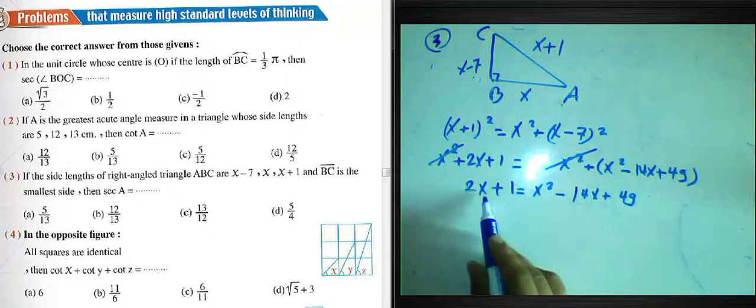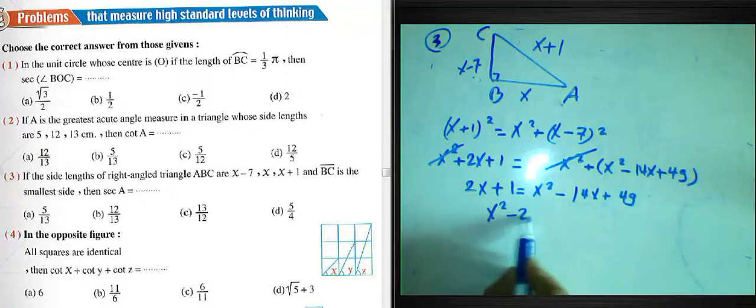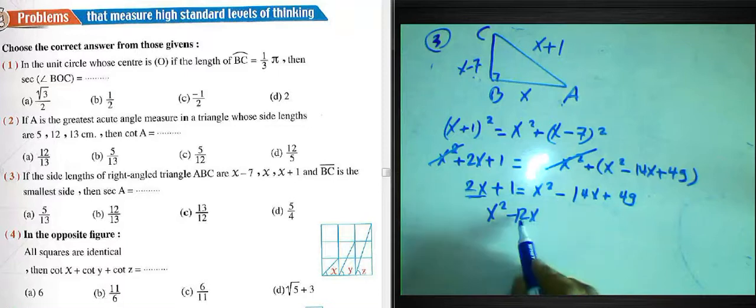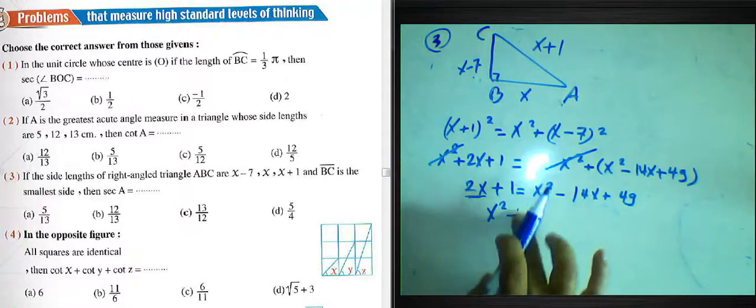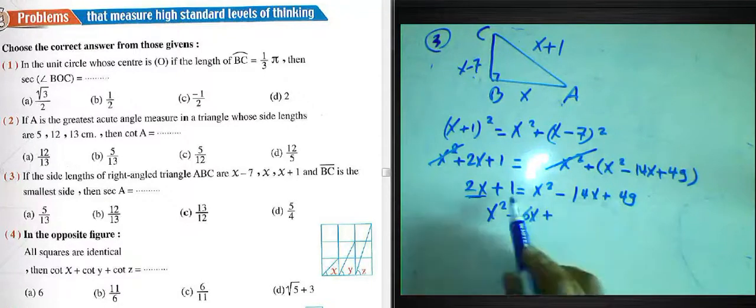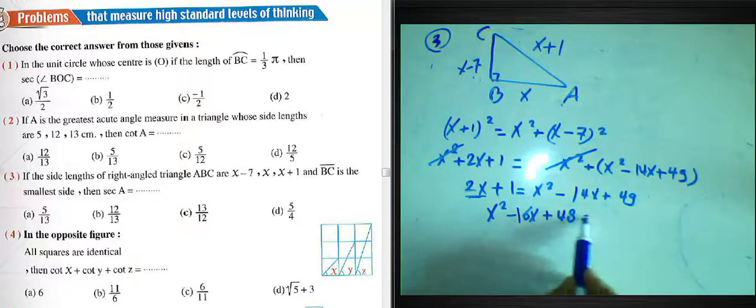Moving 2x to the right hand side, x power 2 minus 16x plus 48 equals 0.